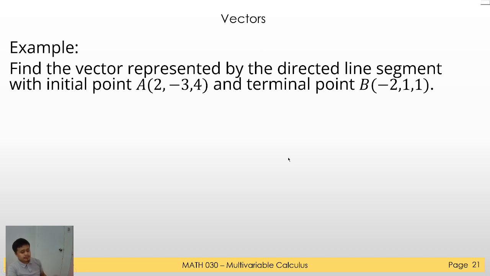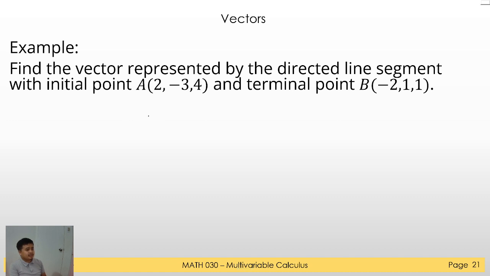So let's have an example doing just this. If this is our initial point and this is our terminal point, what is the vector representing this directed line segment? We have a distance between these two points, which is also the length, and then the directionality incorporated between these two points.